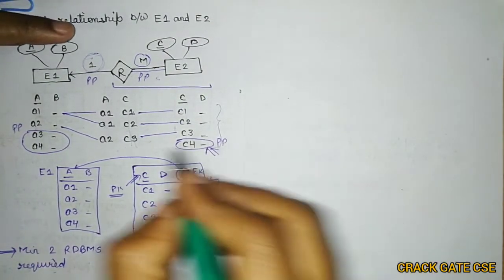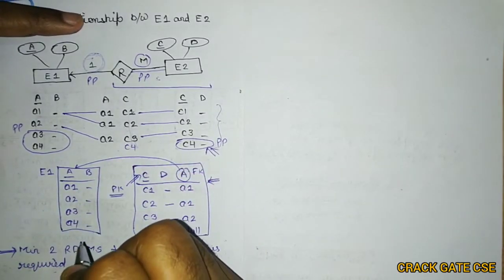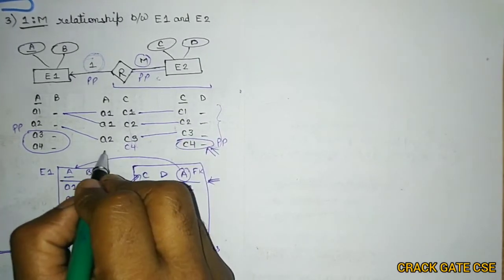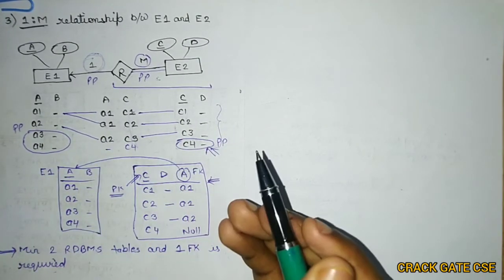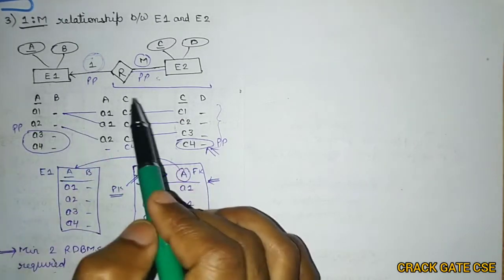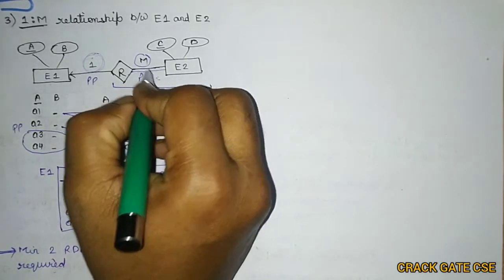The only change will be that C4 has to be here along with some values. If there are no values, then it can be null, because there is no such restriction on E1 because of the partial participation, but E2 has to completely participate because of this double line, right?